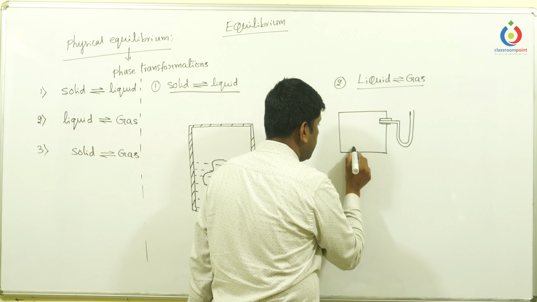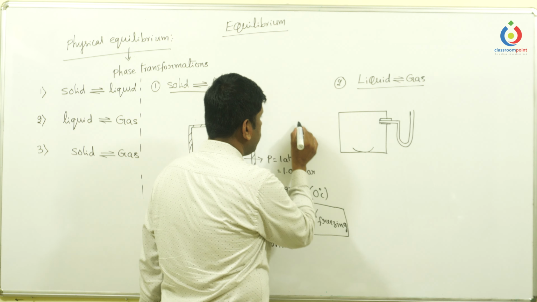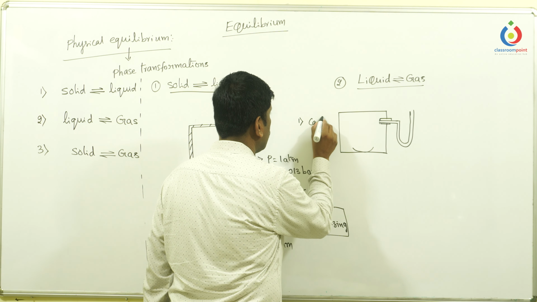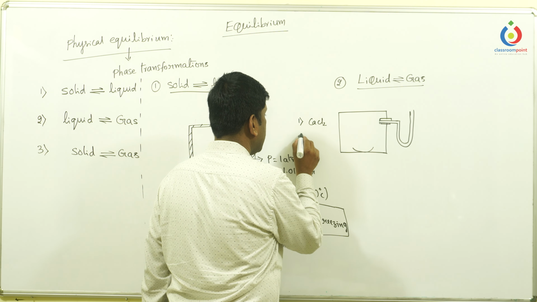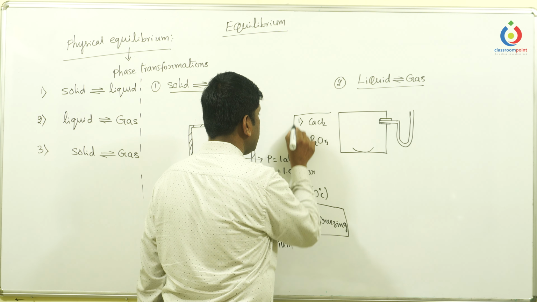So this is a completely empty beaker. In this beaker, to start, we shall take calcium chloride, or you can take phosphorus pentoxide. These are drying agents.